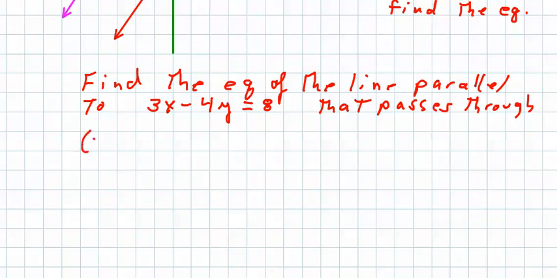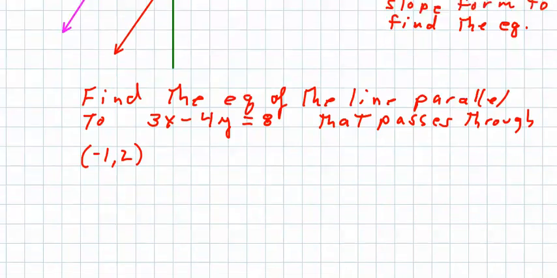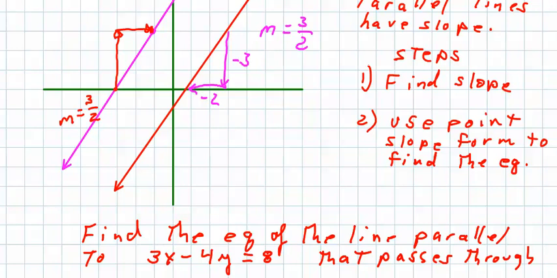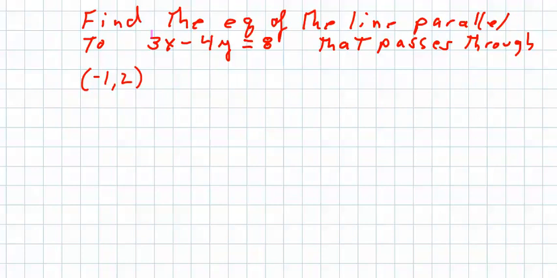The point -1, 2. So, step 1, find the slope. Step 1 here was find the slope. So, I'm going to look at my equation, and I'm going to find the slope.